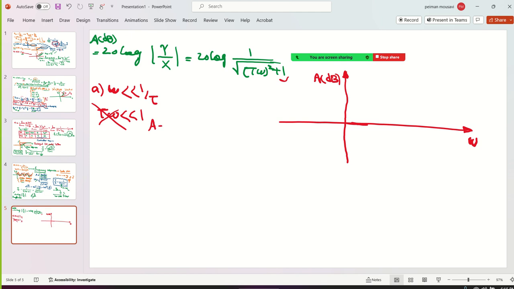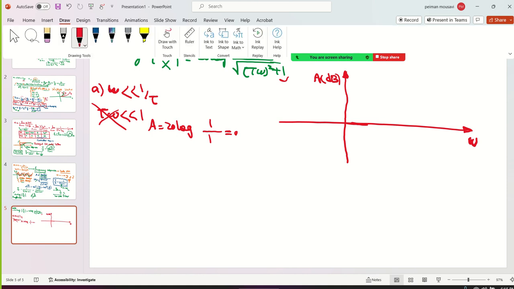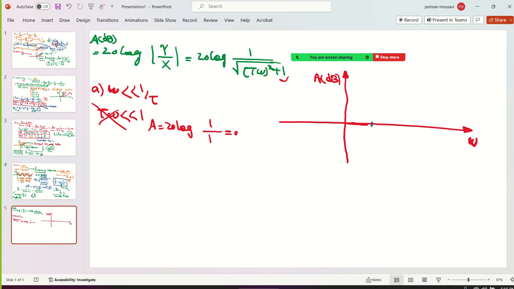So A is going to be 20 log of 1 over 1. What is log of 1 from high school? It is 0. Here we go. So I say here is 1 over tau.